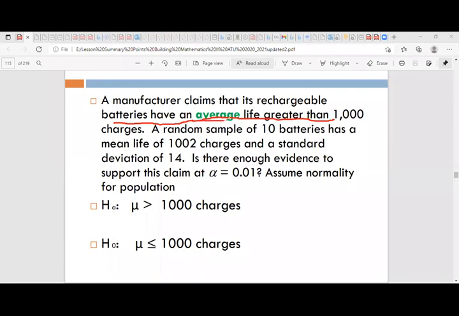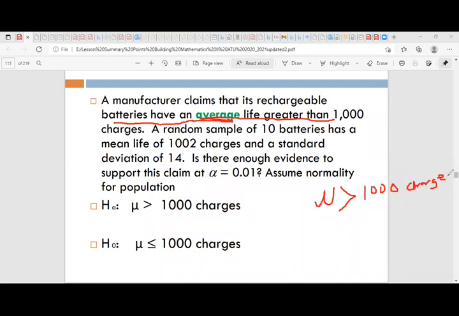Now, this average is on the population of batteries, because the batteries the manufacturer is talking about are all batteries that company produces. So that will be the population mean, the population average. And then this manufacturer is saying that the population average is greater than 1,000 charges. That is the claim being made.